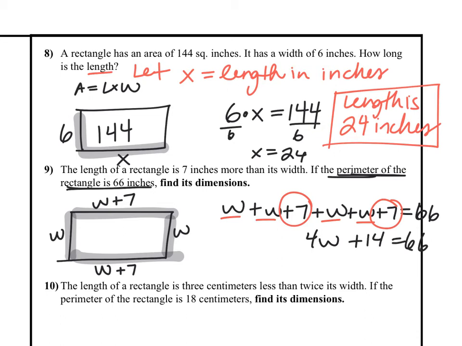You can pause and do that yourself. W is 13. So that's the width. The length is 7 more than that. So if the width is 13, the length should be 20. Make sure you use units. 13 inches, length 20 inches.